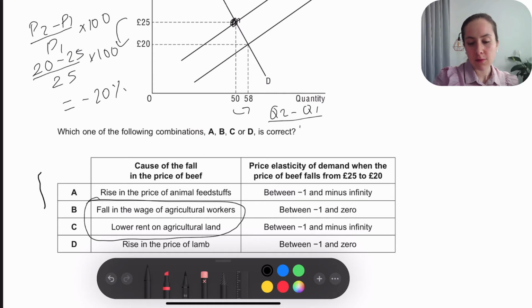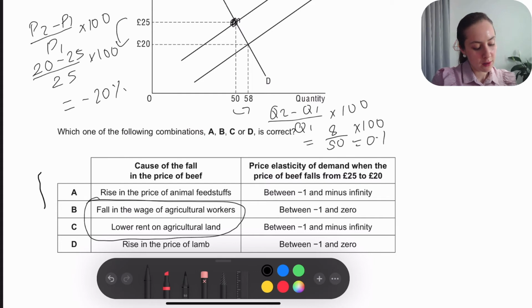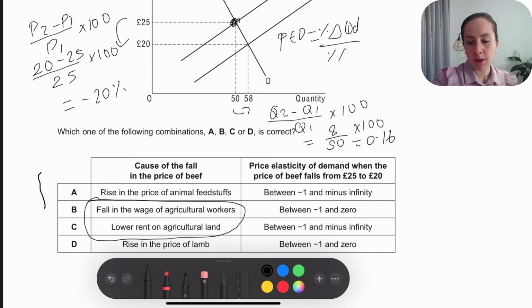At the same time, you've got Q2 minus Q1 divided by Q1 times by 100, which is 8 divided by 50 times by 100, which is 0.16. And then you put it into the PED equation. Percentage change in quantity demanded divided by percentage change in price, which is minus 20 over here, 0.16.